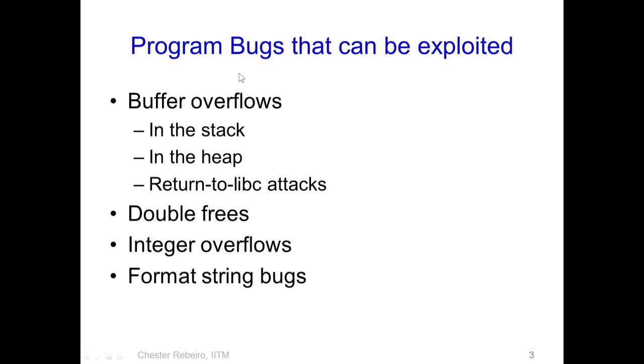So, there are numerous different ways that bugs can be exploited by an attacker to enter into the system. What we will be seeing today are the bugs in the stack and the return-to-libc attack, which essentially is a variant of the buffer overflow attack in the stack.